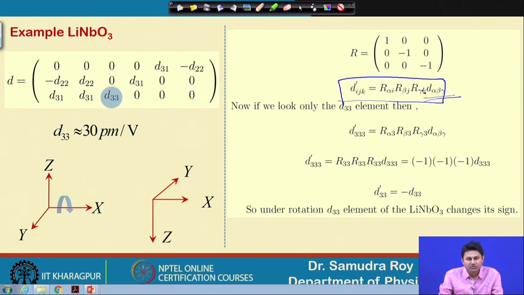We know what R is for a rotation matrix, and now if I put, say, theta equal to pi, that means I am rotating by pi along the x axis. So, my R matrix will have this particular form.